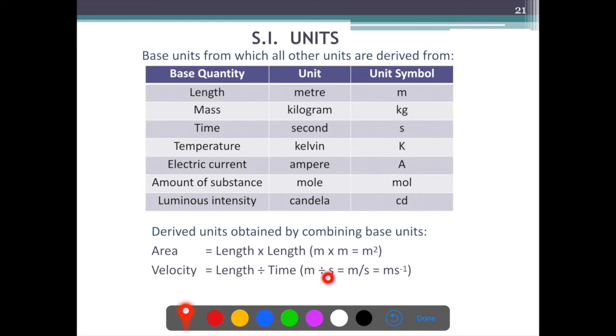So you have meters divided by seconds, or meters per second. And you can also write this notation, meter per second, as meters second to the minus 1. So as we progress in this course, we'll encounter many other derived units, and at least you know that derived units are determined by substituting the base units in the equation for that derived unit.